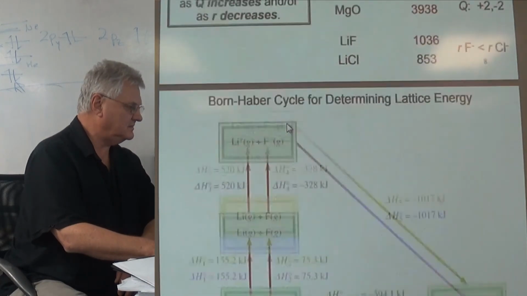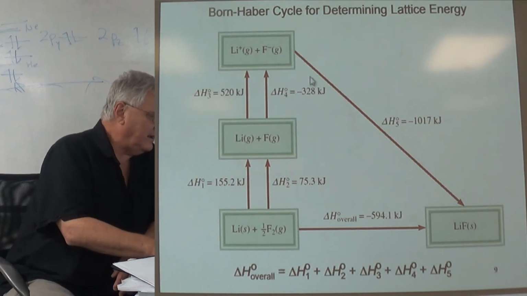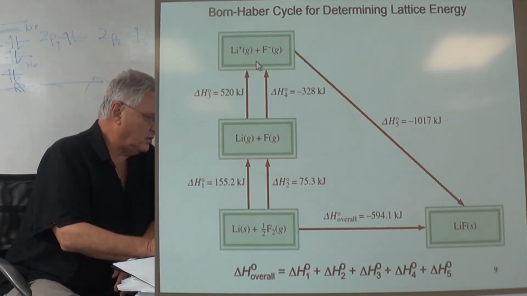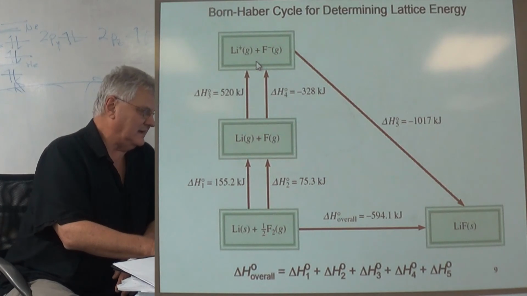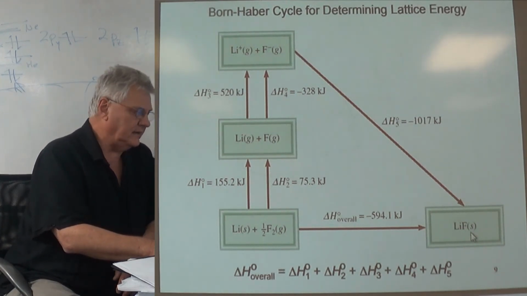And the lattice energy, of course, is the energy required to completely separate 1 mole of the solid ionic compound into gaseous ions. So on this Born-Haber cycle, here are gaseous ions for lithium cation and fluoride anion, and they're separate from each other. And here is the ionic compound, lithium fluoride, that has the ionic bond.